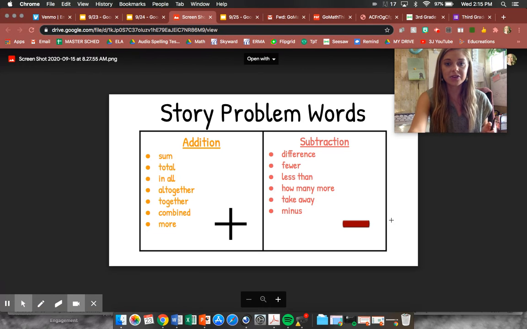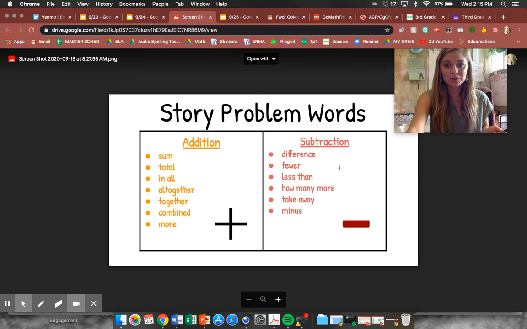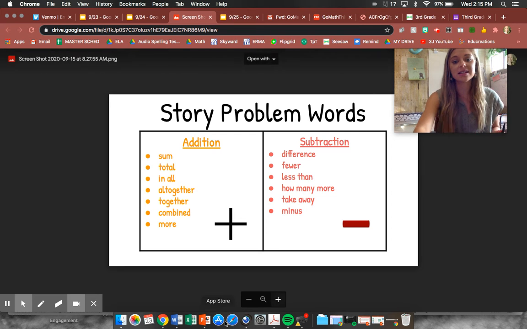So is it going to be underneath addition or subtraction? How many more? Well, it's right here. That means that it's under subtraction. So we have to subtract these two numbers.